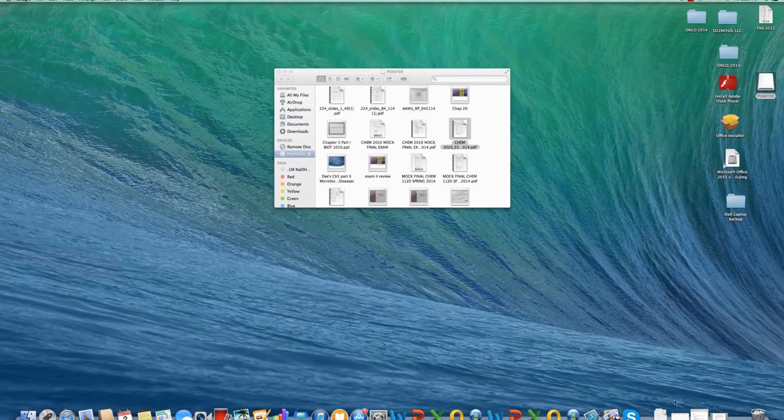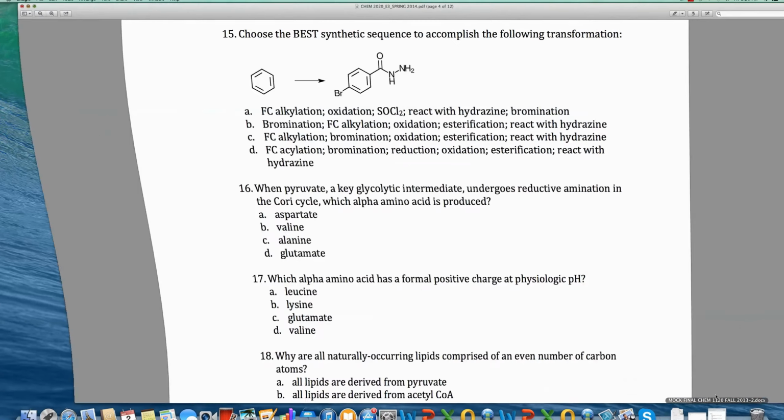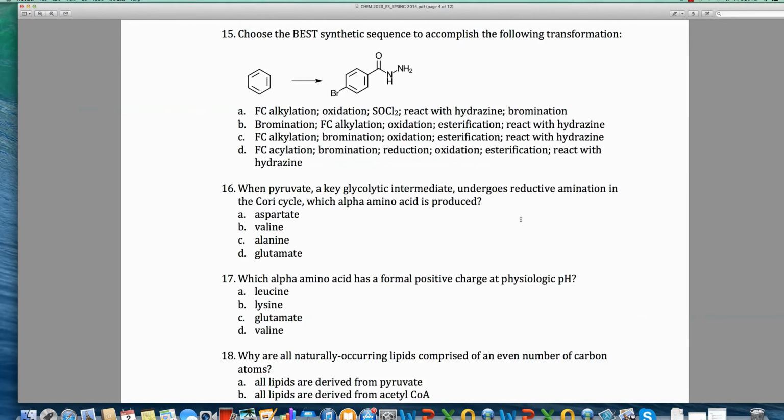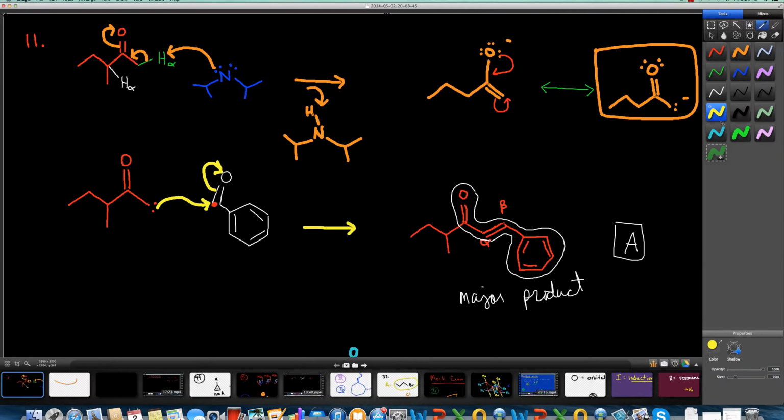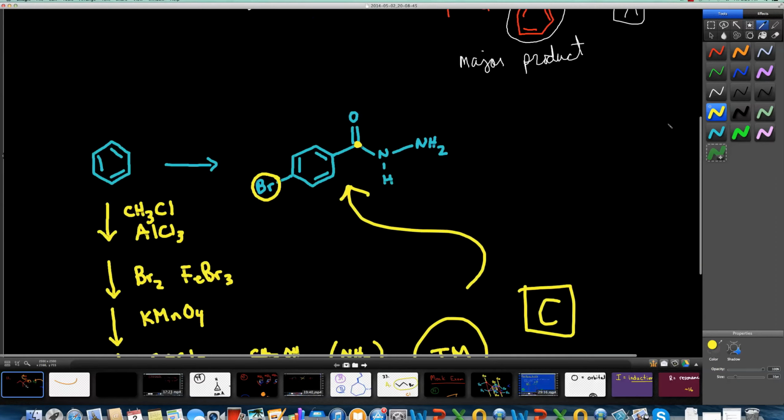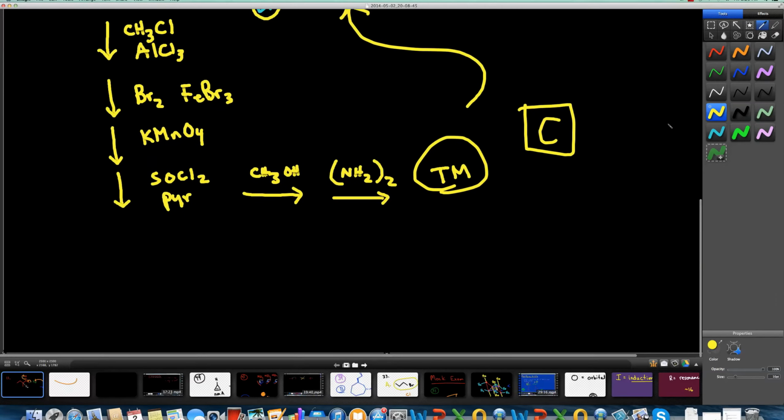Let's move on to a little biochemistry now. For number 16, when pyruvate, a key glycolytic intermediate, undergoes reductive amination in the Cori cycle, which alpha amino acid is produced? You need to know a little bit about amino acid structure to answer this question, or you can simply memorize them, I guess.